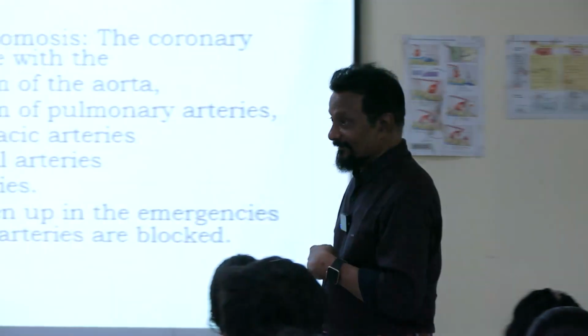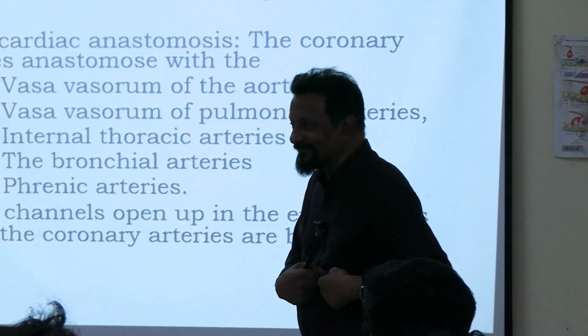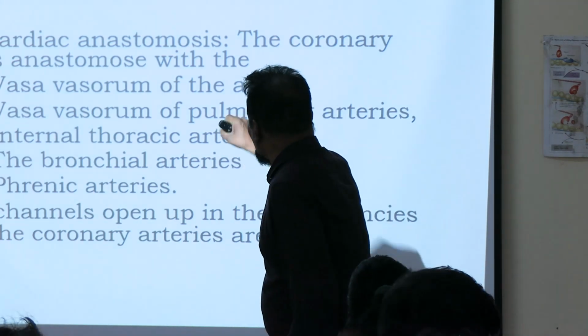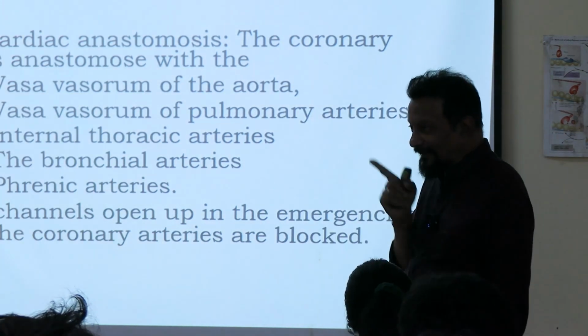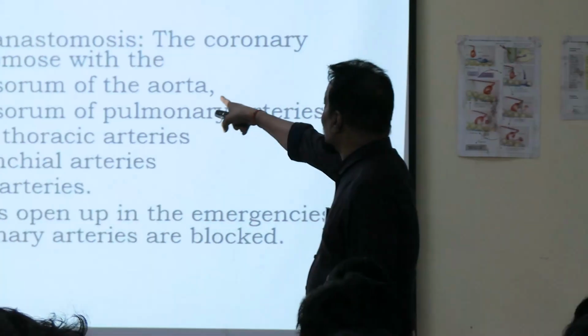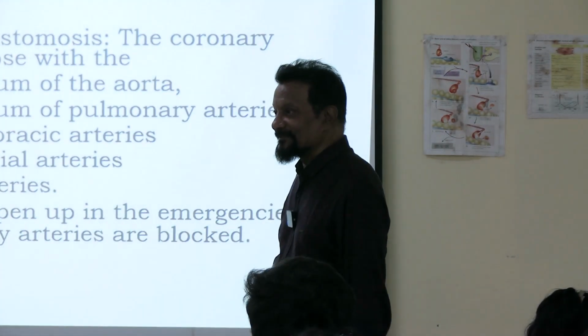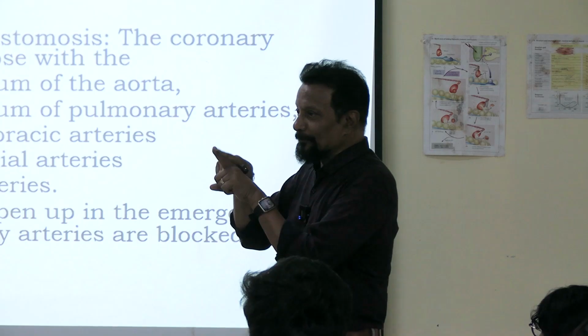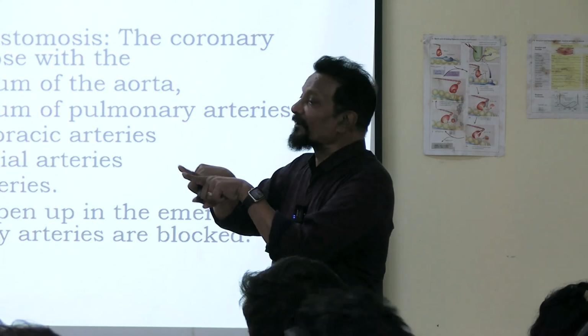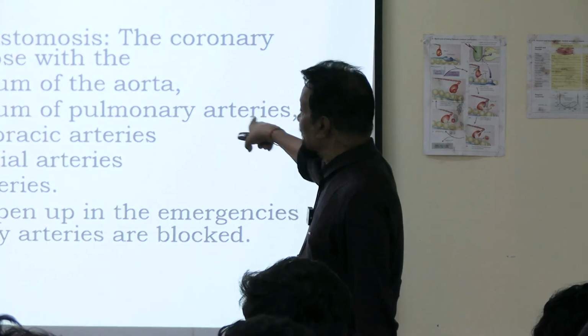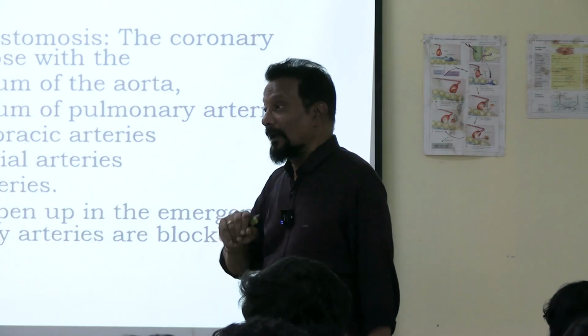Your bronchial artery can also supply your heart. They can develop cardiac anastomosis, joining with the coronary arteries, and through that they may supply some amount of blood.